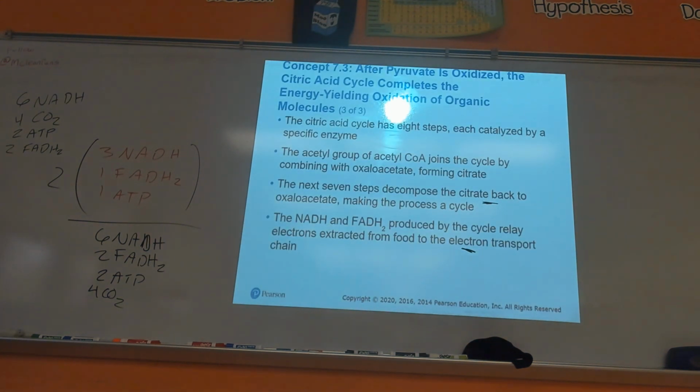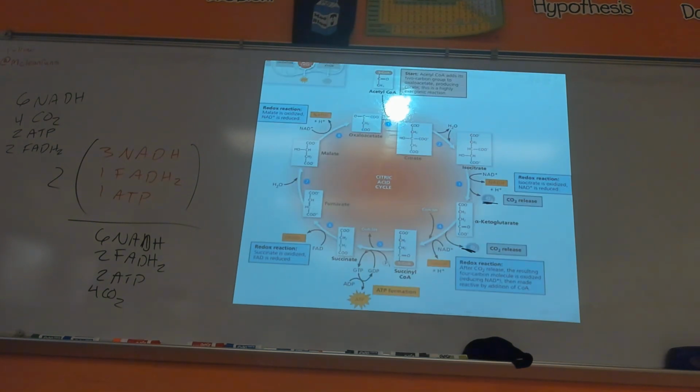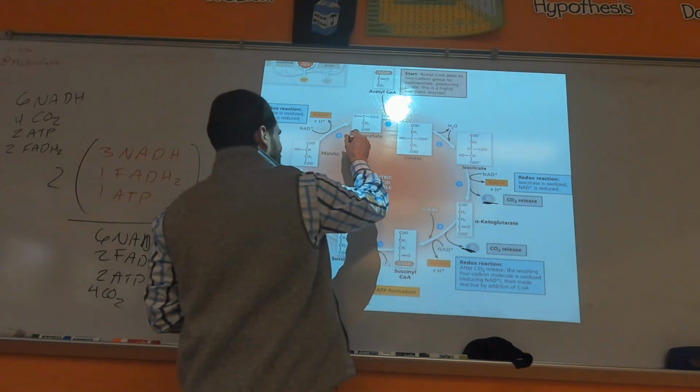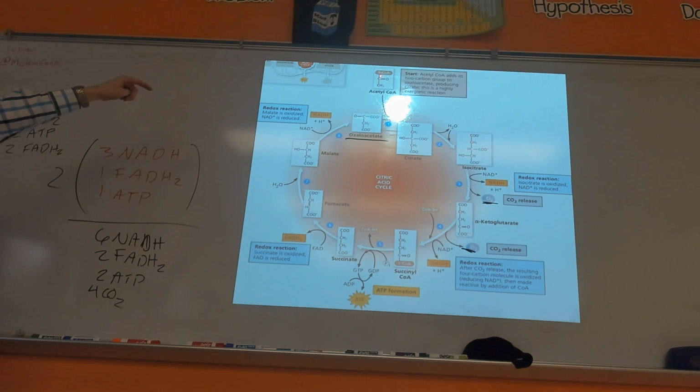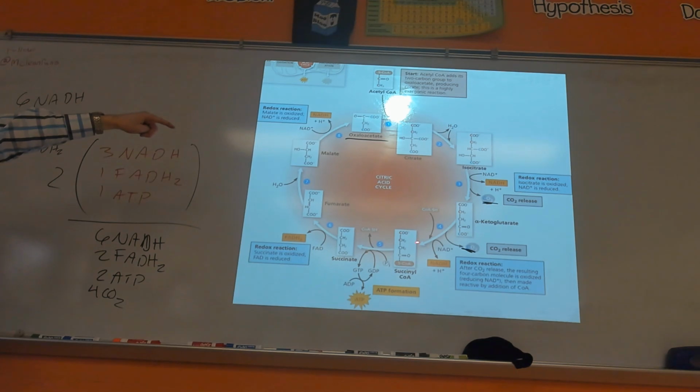Let me make sure we said everything on this. It's a cycle because this oxaloacetate will then go back in, and then this will meet up with the acetyl CoA, reforming this whole process. It's interesting as you take this 4-carbon sugar, join it with a 2-carbon sugar, making a 6-carbon sugar.